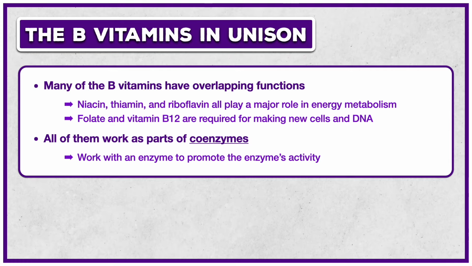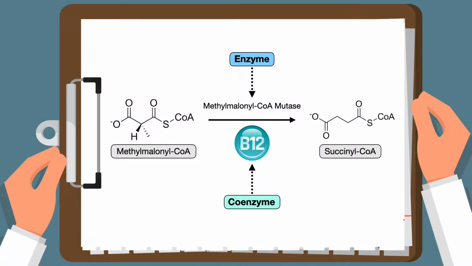In Chapter 6, we learn that enzymes are proteins that facilitate chemical reactions. Well, coenzymes work with an enzyme to promote the enzyme's activity and are thus vital to chemical reactions in the body. Here's an example of what a coenzyme does.